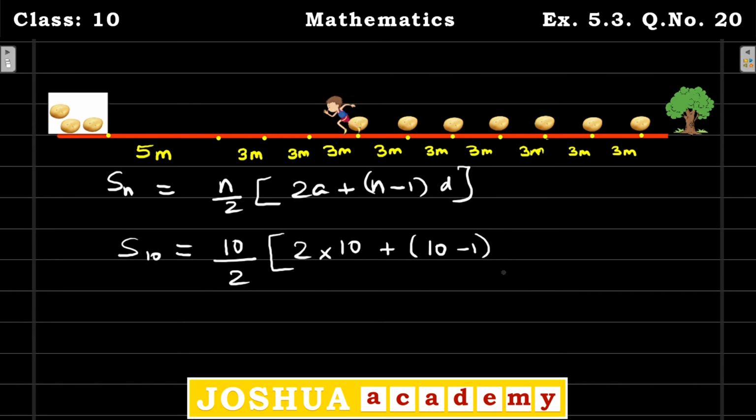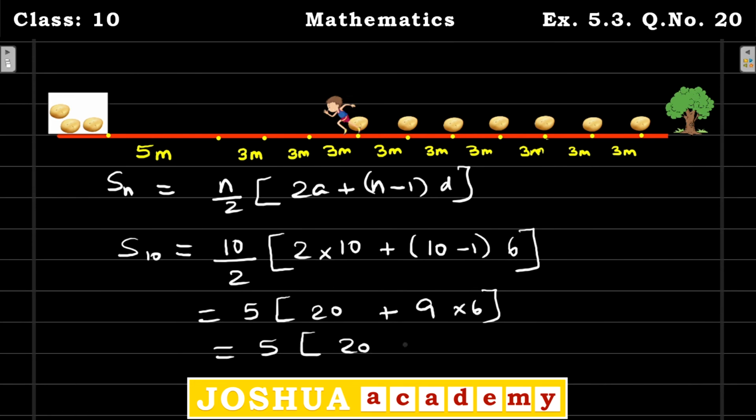And the first is 5 plus 5, 10. So automatically it's 6 meters. We already calculated the d value here, 6 meters. So now substitute everything here. 10 by 2 is 5, and 2 tens are 20, plus 9 into 6. So 20 plus 9 sixes are 54.